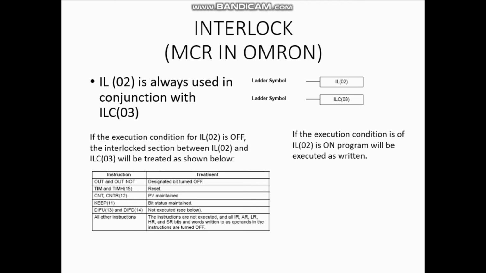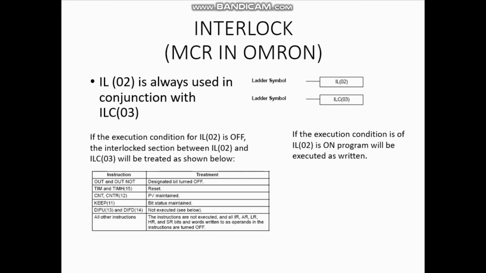Both of them must be written together to block the part of the program that you want to control. Okay, so in Omron, if the execution condition for IL is off, then the interlock section between IL and ILC, which means all the programs in between the gates, will be treated as shown below.